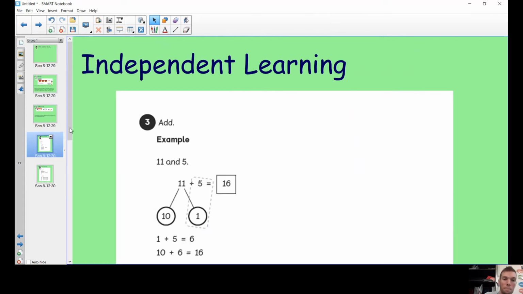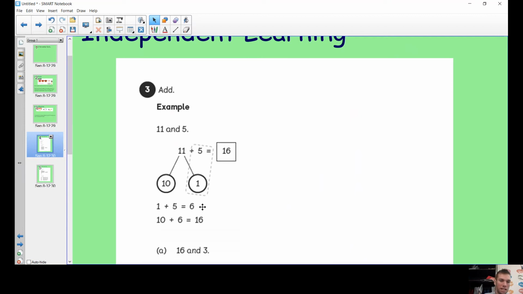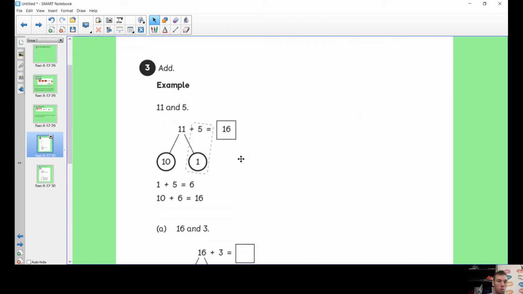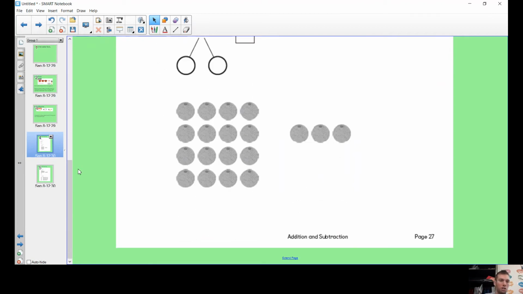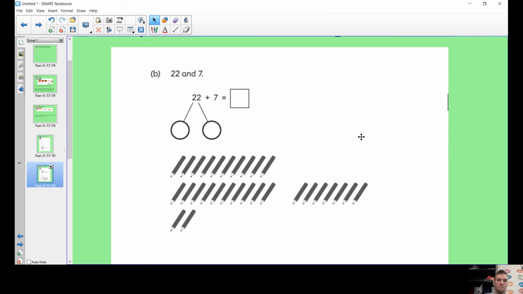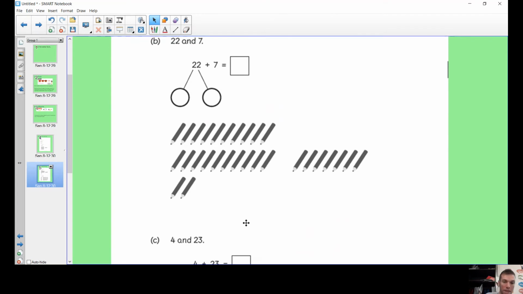Okay, we have some pages. I've given you this example on your page, so you can have a look at home if mum or dad or you don't remember quite how we're doing this. Then I've got some questions which look a bit like this. You can see you've got your 10s numbers, your 1s numbers, and you've got some pictures to help you.